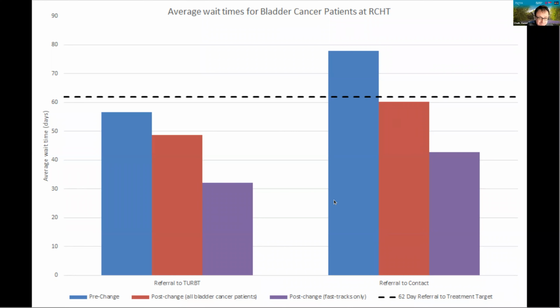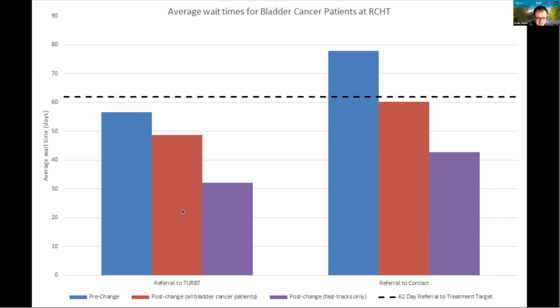And a very simple graph here, just showing how stark this is. The dotted line here is the 62-day referral to treatment target. The blue bars are what was happening before the changes. This is the time from referral to the TURBT. This is the time from referral to contact by the nurse specialist. Remember, this isn't even treatment at this stage, and already they're way above where they need to be.